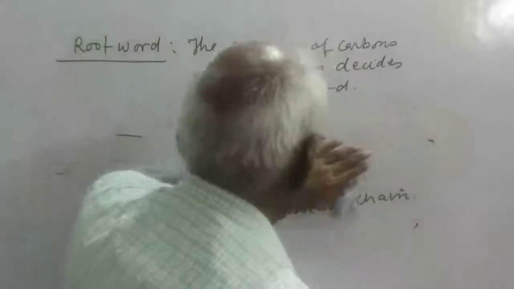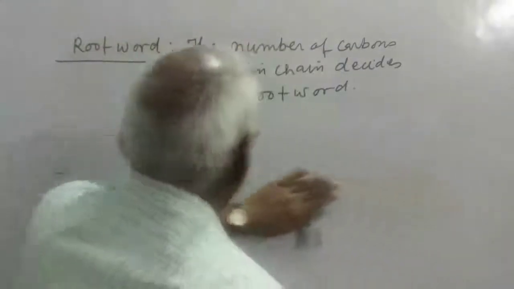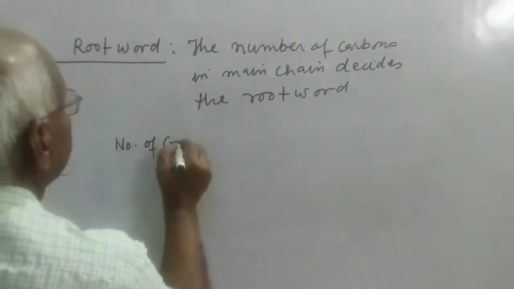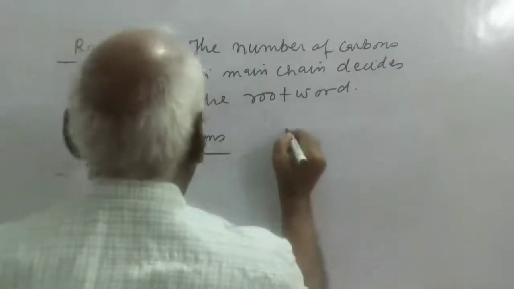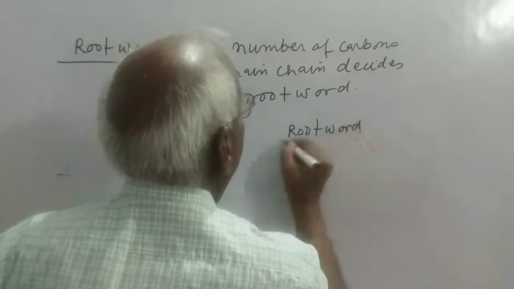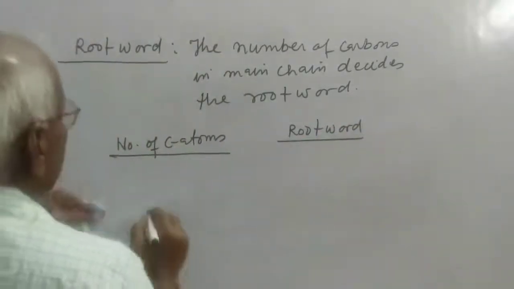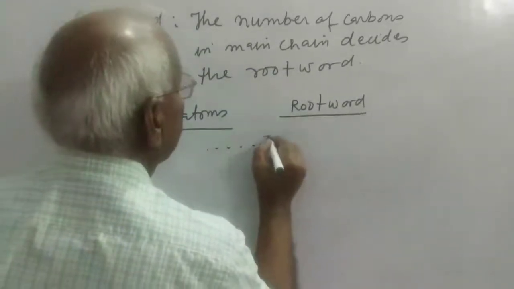For example, number of carbon atoms and root word. When the carbon number is 1, it is meth.